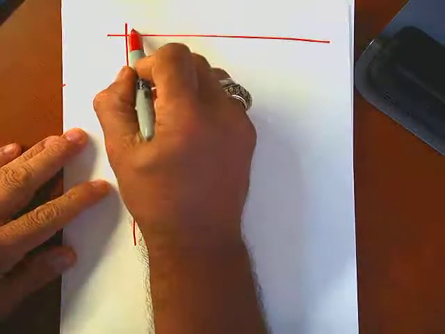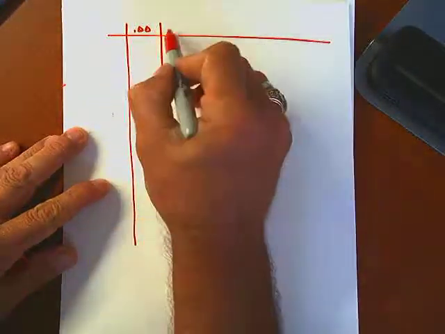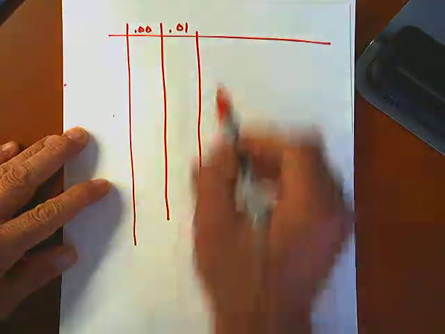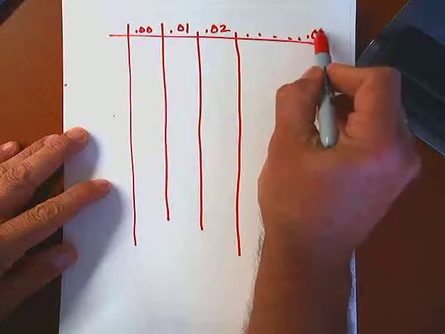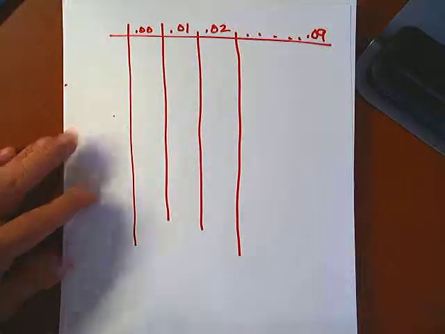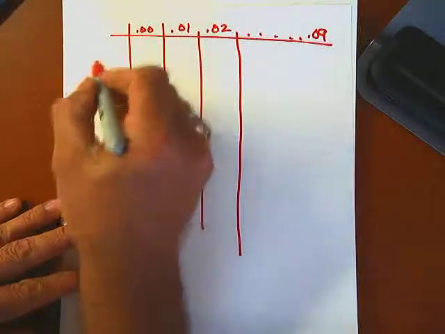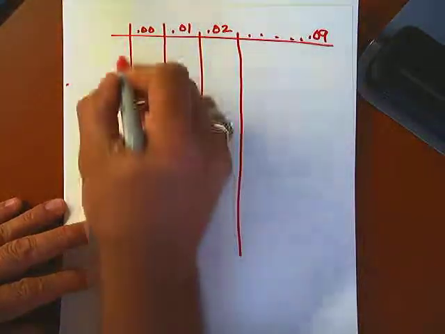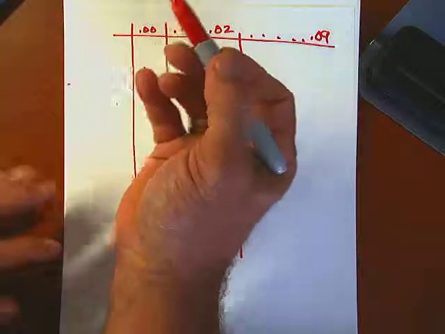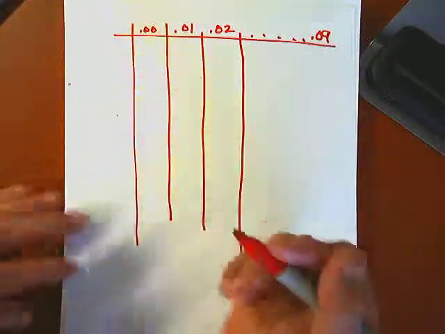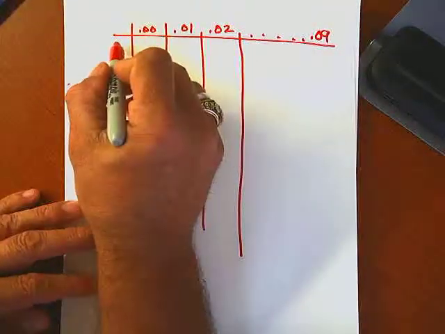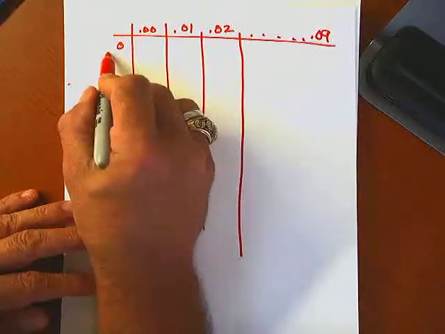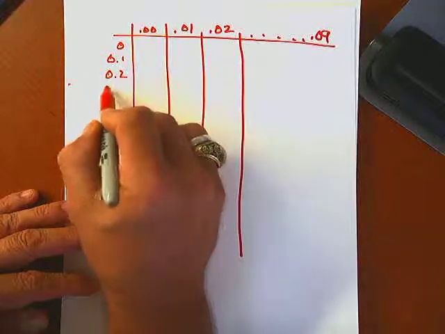You're going to be given the table looks something like this, and you're going to have 0.00, 0.01, 0.02, all the way up to 0.09. You're going to have values over here that start at 0 and go to 2.5 or 2.99.